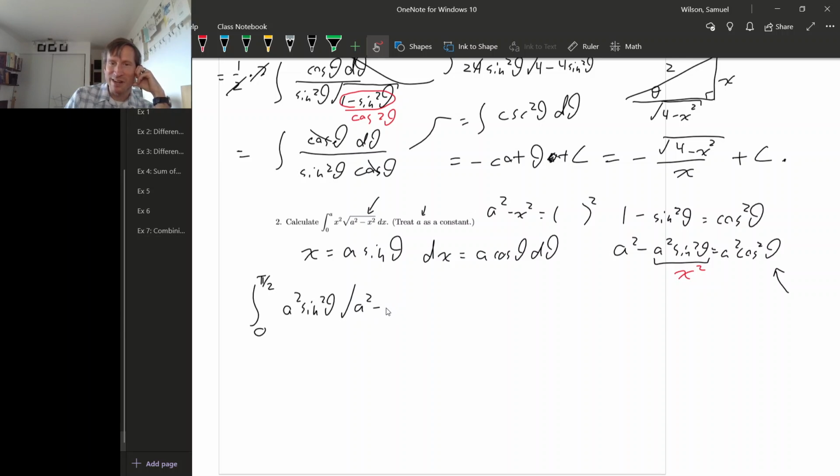A squared minus x squared is a squared sine squared theta. And then dx is a times cosine theta d theta. All right, now let's see, we have a factor of a here and 2 factors of a there. So altogether, that's 3 factors of a, so a cubed. So let's move that out front. Remember, a is a constant.